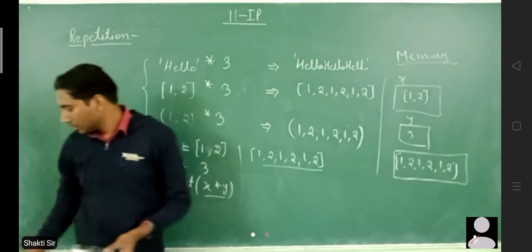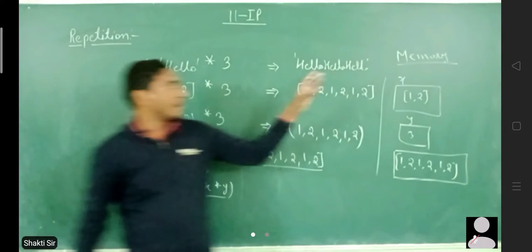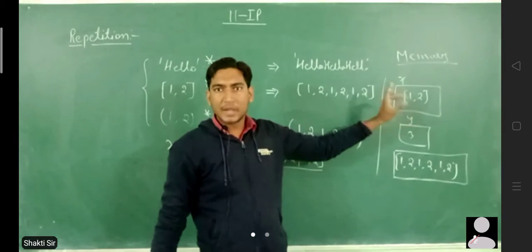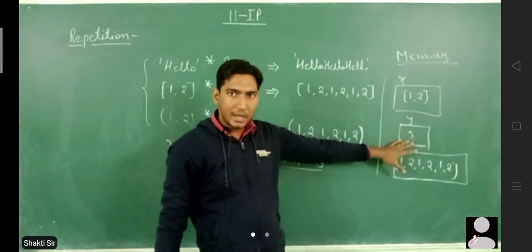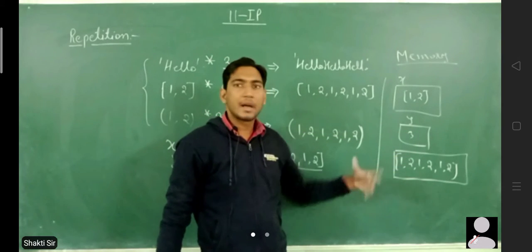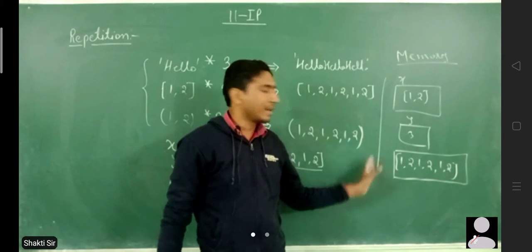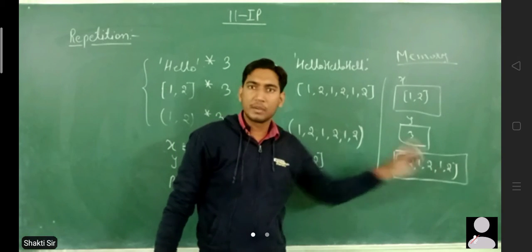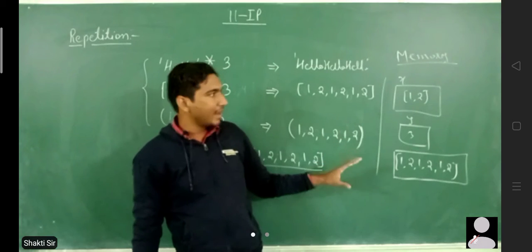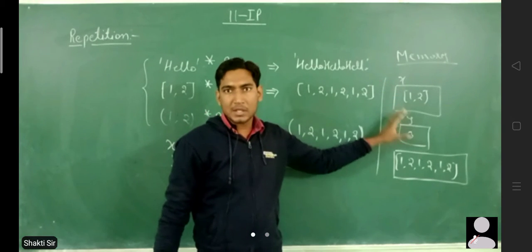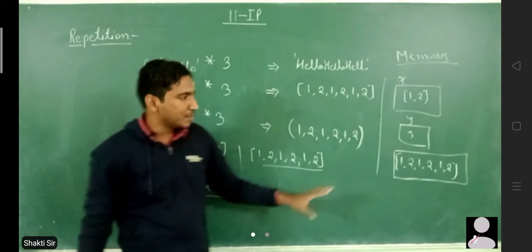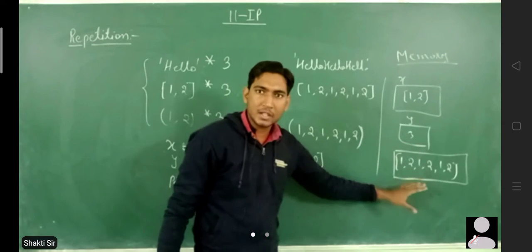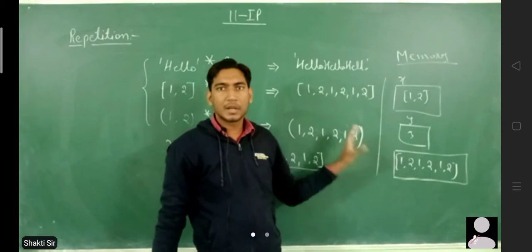Inside memory one variable is 1 comma 2, that is a list, another variable is 3, a number, and the third has no variable name, but there will be a space inside memory, and in that space 1 2 1 2 1 2 will be stored. So the idea is that the original variables are not changed, a new space is created, and inside that space the new item, the result, is stored.